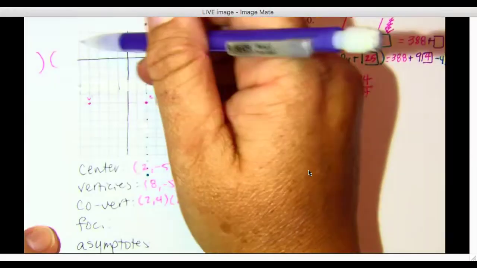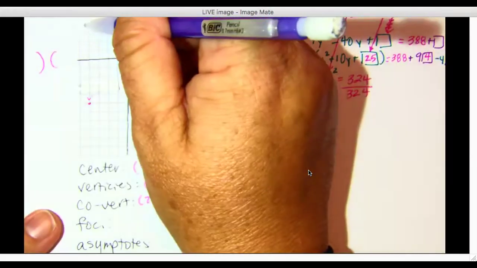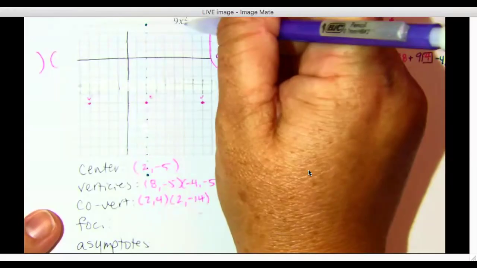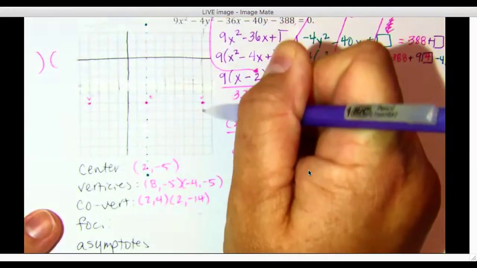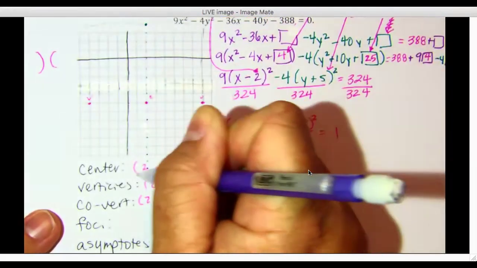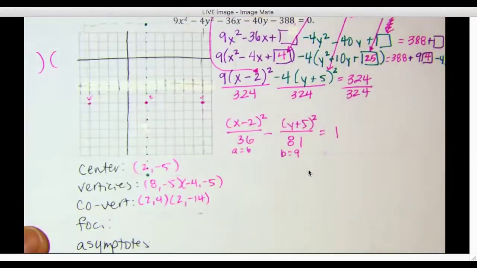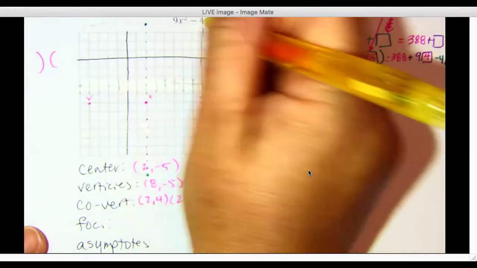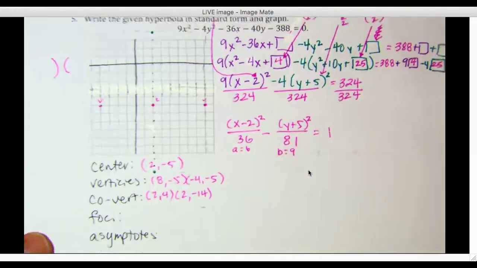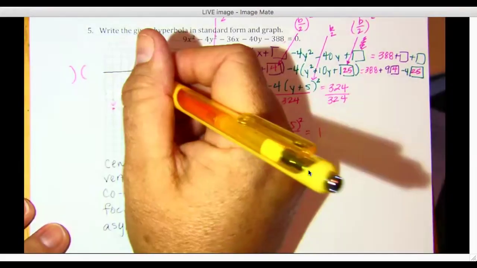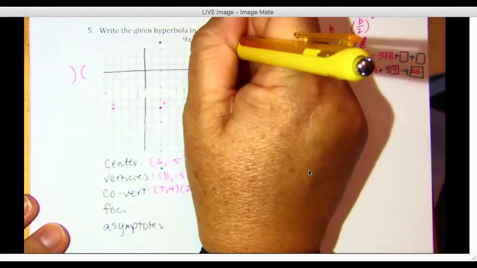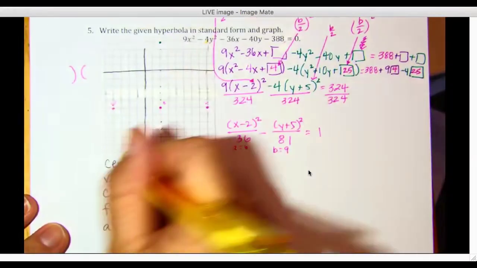I'm going to use my pencil real quick to draw my box with that information, through my vertices and my co-vertices. And then we can go ahead and draw our asymptotes through those corners. So I'm drawing over a lot of my writing here. In fact, let me zoom out a bit so you can see it a little clearer. Through my corner, through my center, and out the other corner.